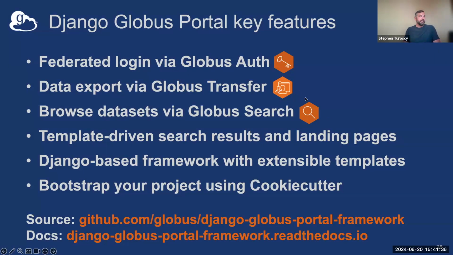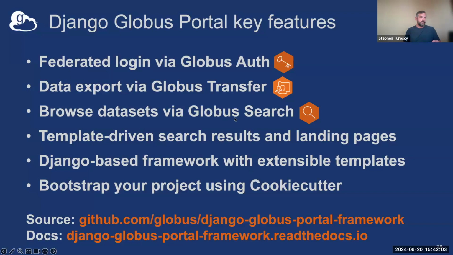We can browse data sets with Globus Search. So we can search and find data sets that are of particular interest to us as a researcher. And then we can say, I want all of these data sets. I want them transferred to my laptop, or I want them transferred to some storage attached to a supercomputer somewhere that needs to analyze them. So we can do that.